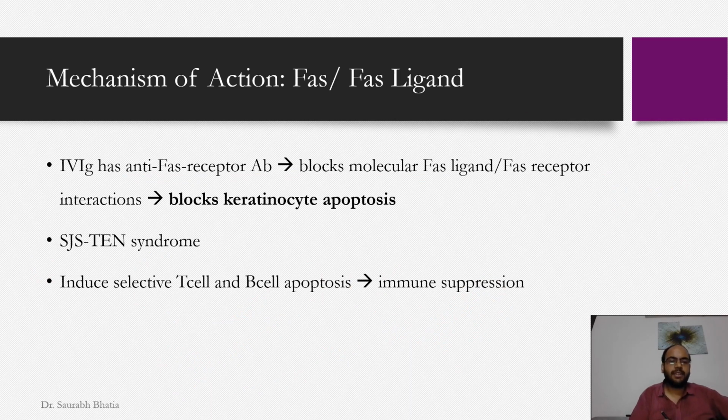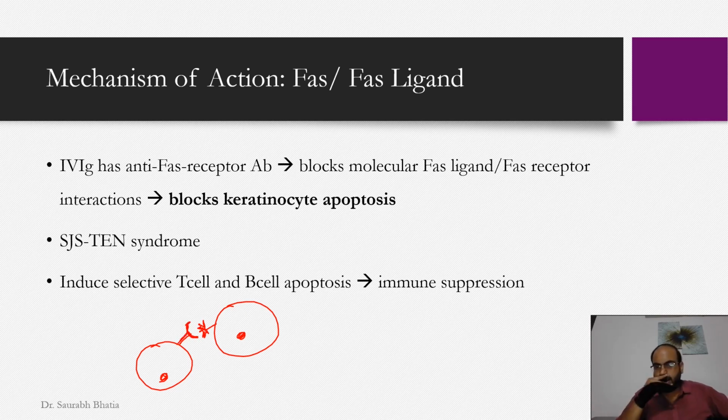Fas ligand. This is very interesting. You have an immune cell. I don't remember which cell has the Fas receptor and which cell has the Fas ligand, but one of them is present on the immune cells, the other is present on any cell of the body. When these two interact, known as the Fas ligand interaction, this will give signals to kill the cell.